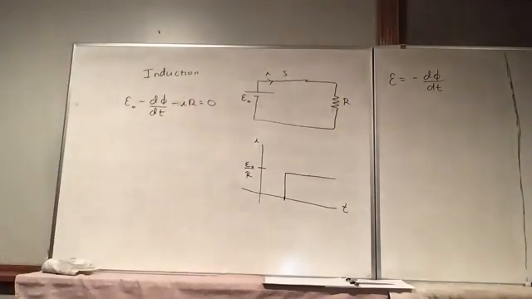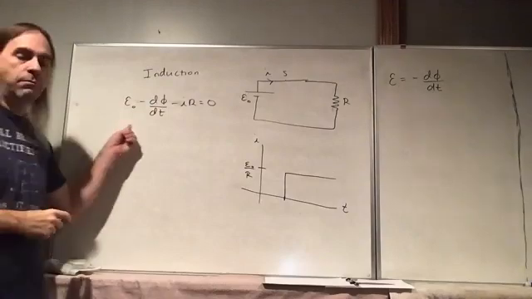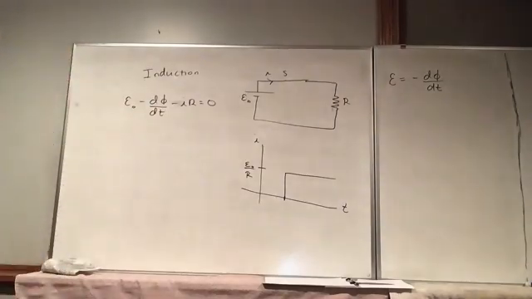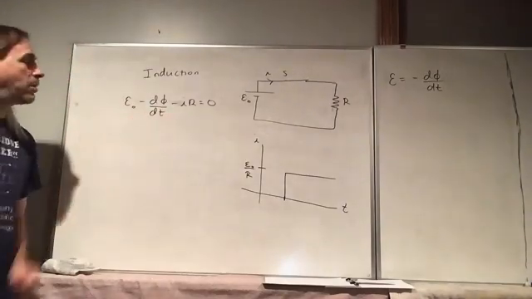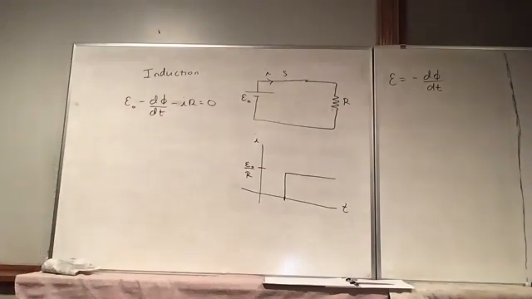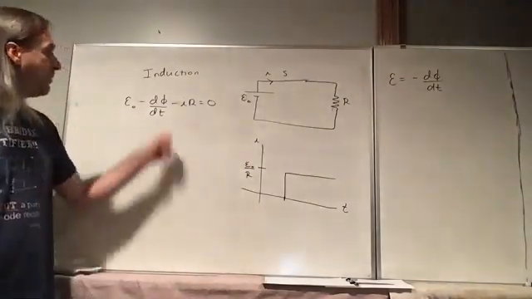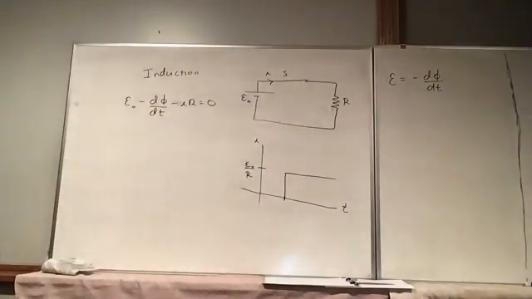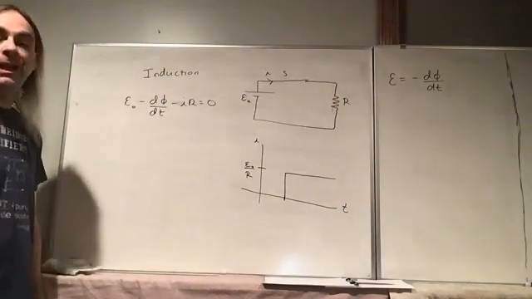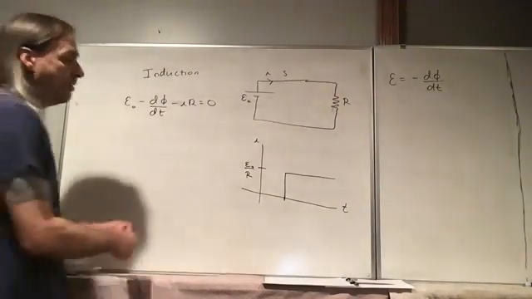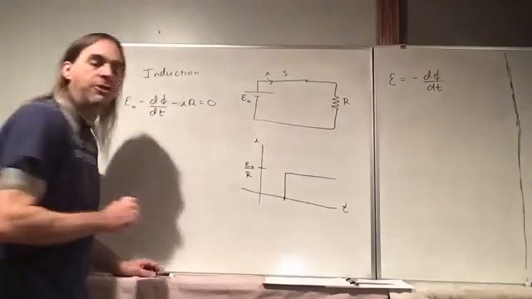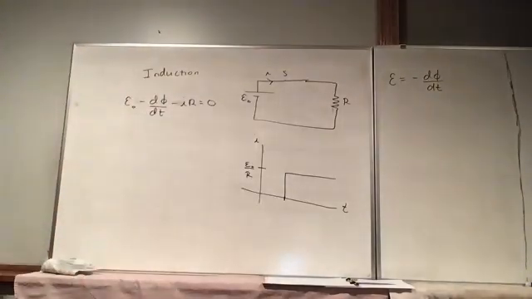Now, in theory, we could solve this equation. But if we look at this instantaneous jump, that would make this term infinite, which clearly can't happen. We're going to get a very rapid change in current initially, so there's going to be a very significant back EMF that tries to oppose that rapid change in current.